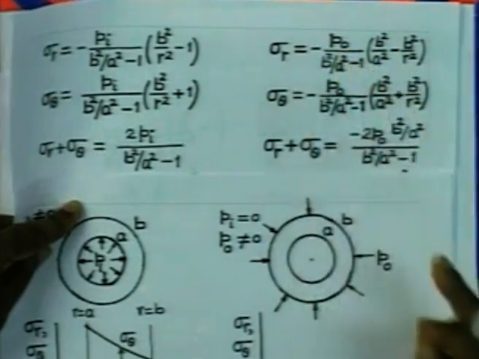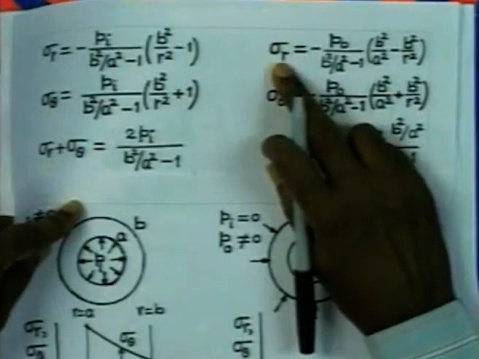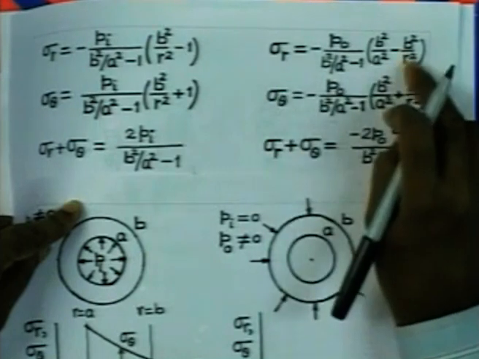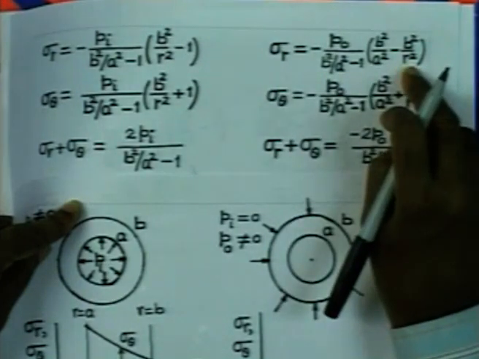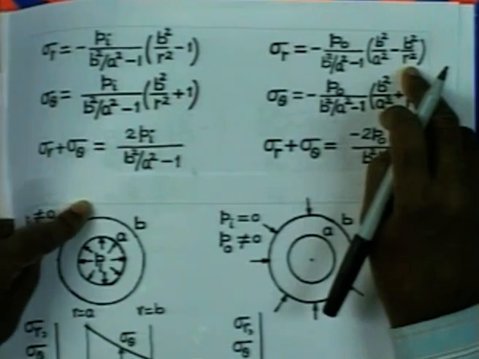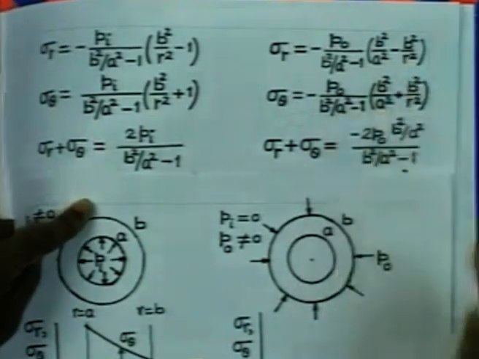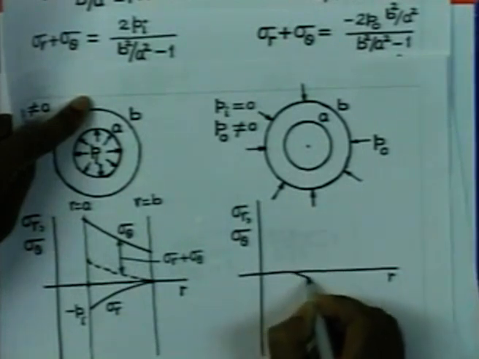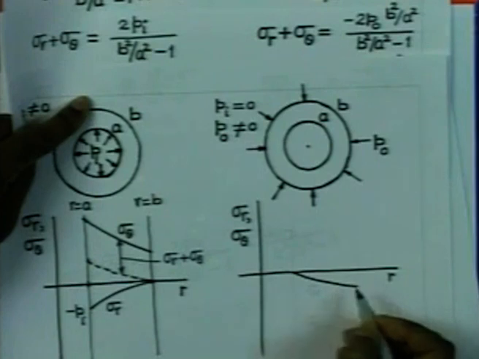So, the stresses are always negative, and the slope of the curve is decreasing, because d sigma r by dr is going to be proportional to minus 1 by R cube. Therefore, as R increases the slope is going to decrease. So, the variation of the stress will be like this from the internal radius to the external radius.